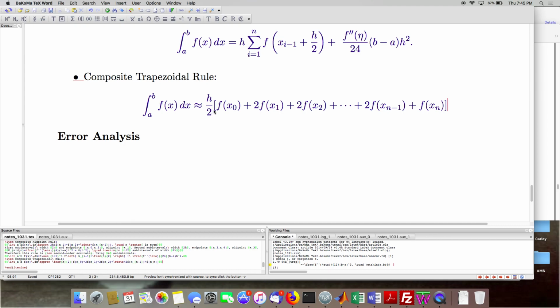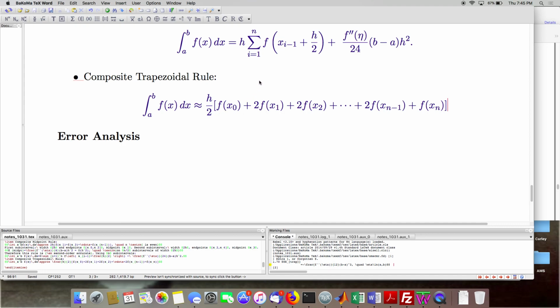Now, where that comes from is the fact that we're approximating the area under f by the area of a bunch of trapezoids. What's the formula for the area of a trapezoid? It's the average of the heights times the width. The width of each trapezoid is h. The height, you'll have f of x naught for the first one on the left, and then f of x1 on the right, over 2.